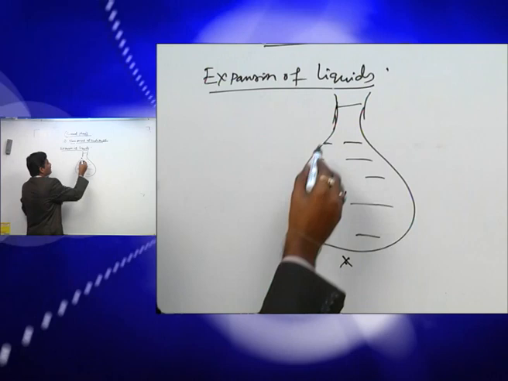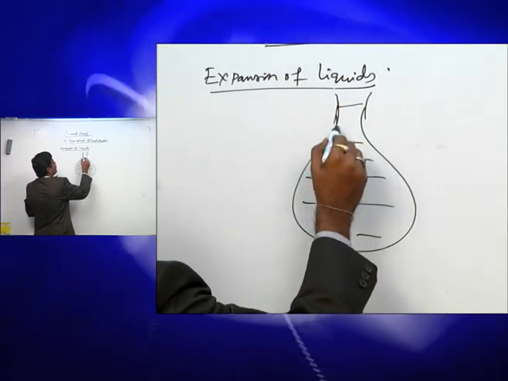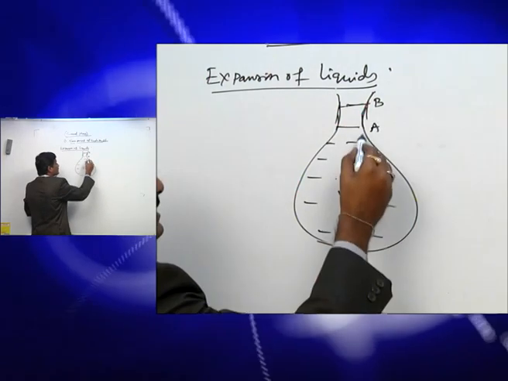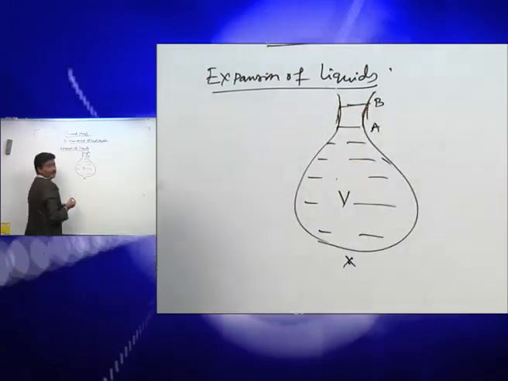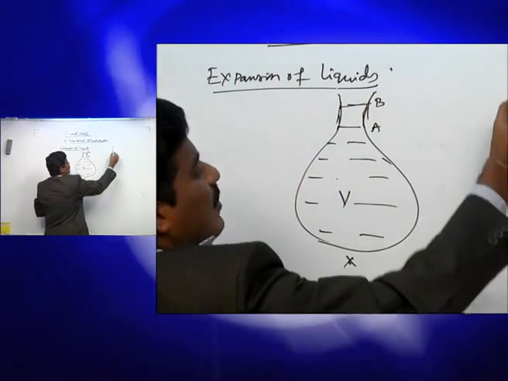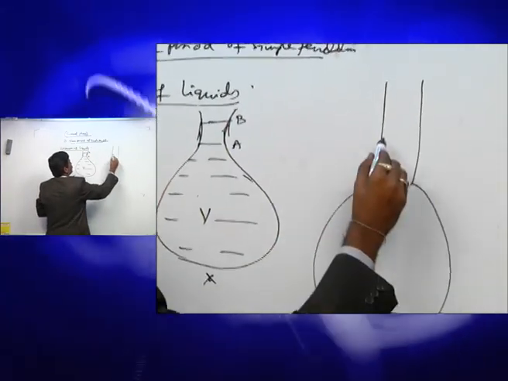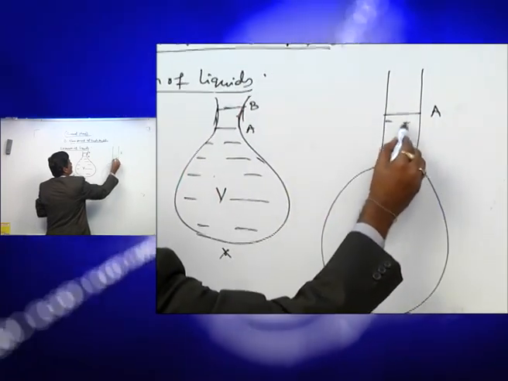As the liquid expands from point A to B here, we have to consider the expansion of the vessel. Consider a long neck like this, I am drawing it like this. Initially the position is A here.